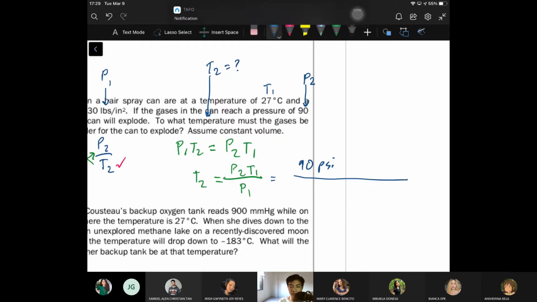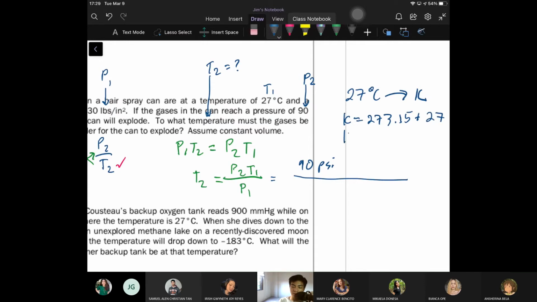So that means we have to convert 27 degrees Celsius to Kelvin. So that's 273.15 plus the Celsius value. So we get Kelvin equals 300.15. So we get 300.15 Kelvin. Divide natin yan sa initial pressure.